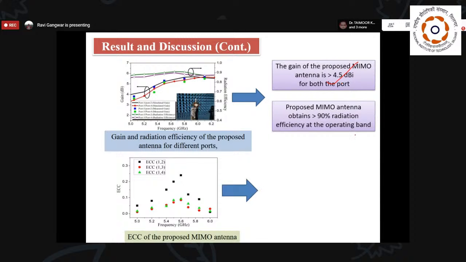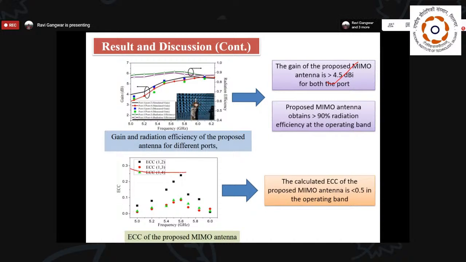The best value we are able to get is nearly 0.25, based on the far field values. But if you see clearly, the ECC value in the case of port 1 to 3 and 1 to 4 is very good, nearly less than 0.1.